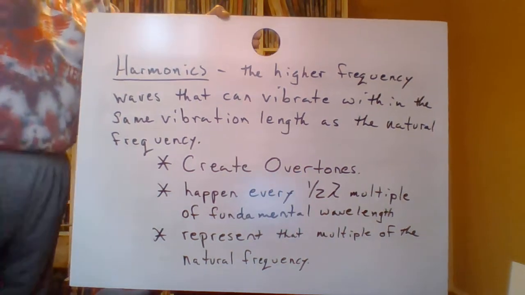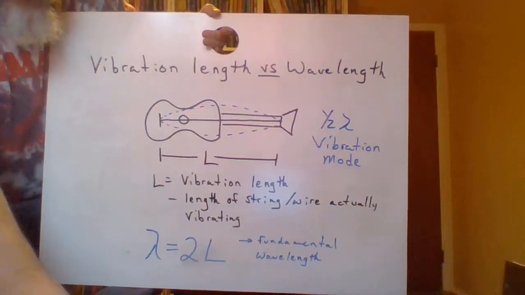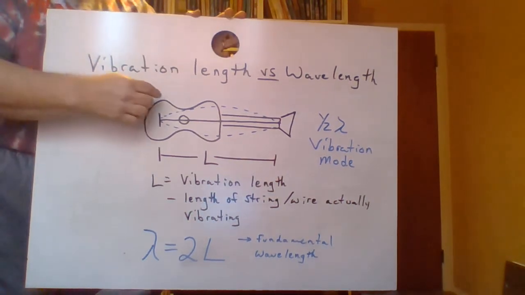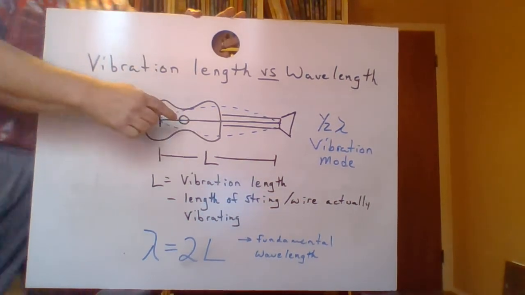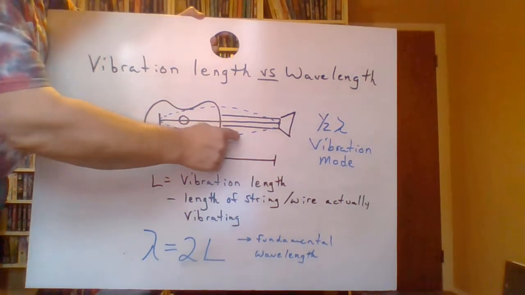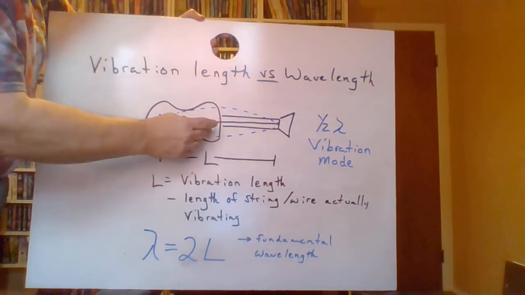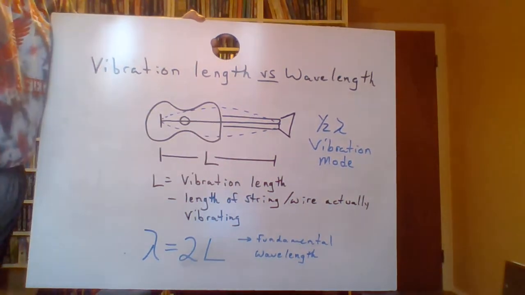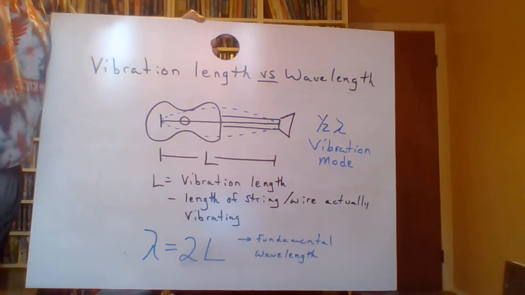Okay? So let me go back to that other picture. The next higher length that can vibrate in this would be one where the vibrational mode would be a full wavelength, not a half wavelength, but a full wavelength in here. You see that? Okay.